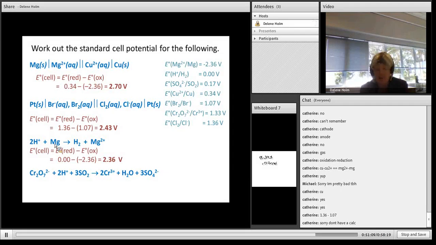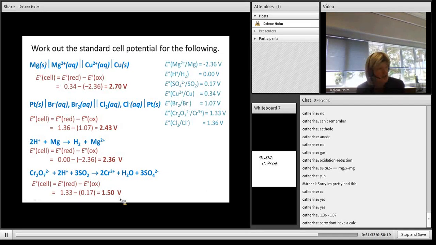It shows that reaction is spontaneous. Magnesium will react in acid, because it's got a positive E0 value. And finally, this other one that we had, we know it's going to work because we looked at that reaction, and if we use those values, you can see it's also positive.